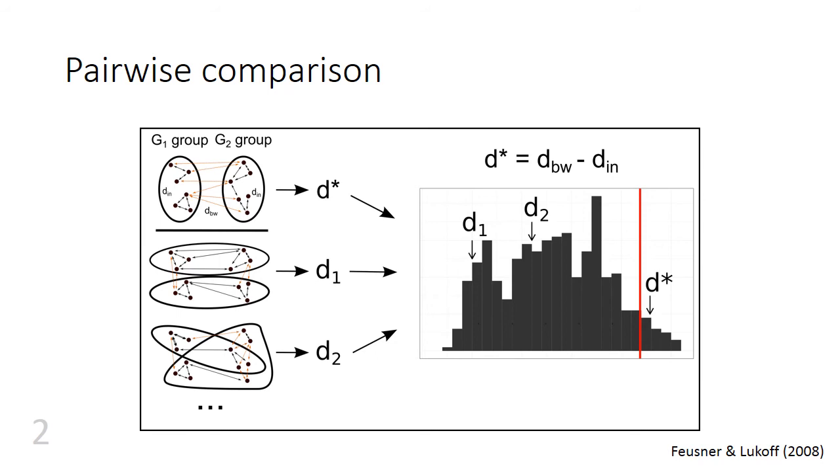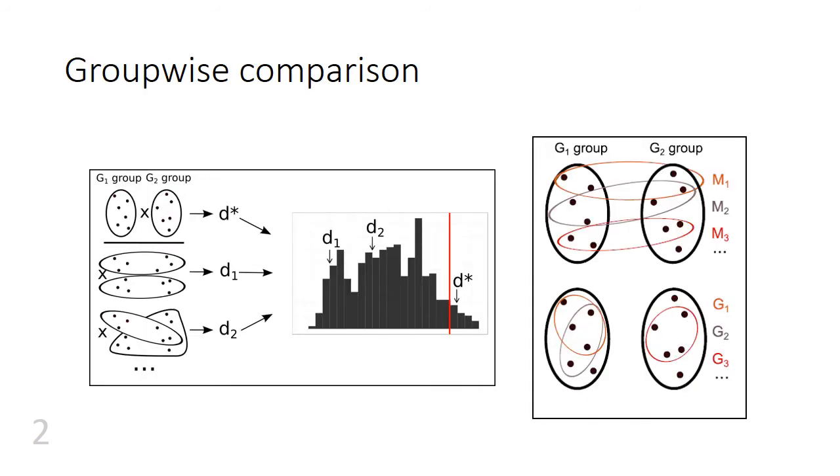Finally, I replicated the computation for additional groupings and compared the original d-star value with the distribution of other average distances using a permutation test. I extended the original method for metrics that compute the distance between whole groups of scan patterns, and therefore it removes the necessity to perform all pairwise comparisons, and also created another method that tests the differences from another perspective.